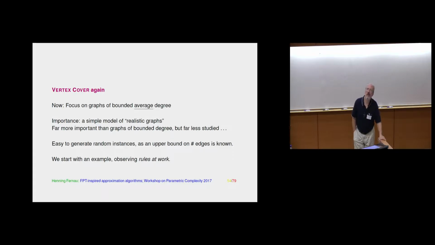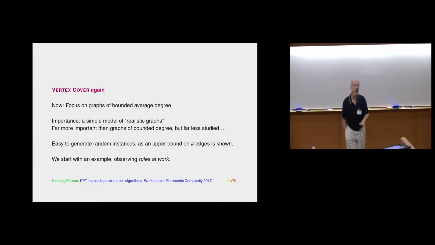And in fact, many more or less realistic graphs do have something like bounded average degree, far more than have bounded degree. Although I would claim that there are far more algorithms around, or people around, who care about bounded degree graphs as opposed to bounded average degree graphs.